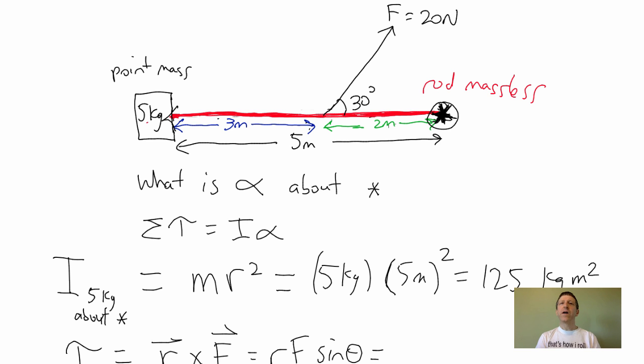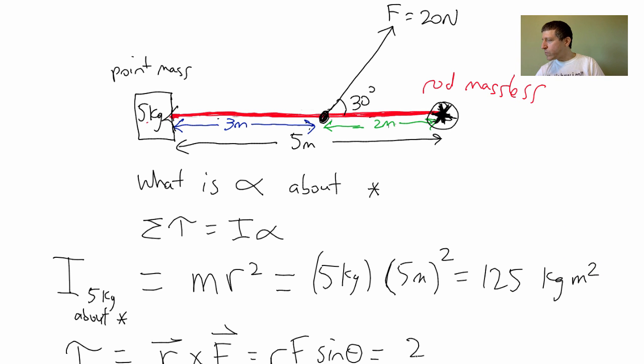For torques, R is the displacement from the axis of rotation to the point of force application, which is right here. That R is 2 meters. The F we see is 20 newtons.